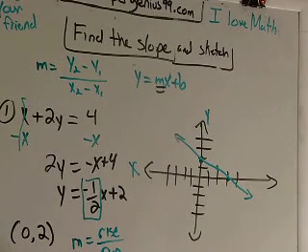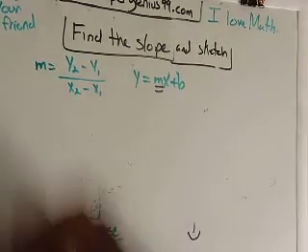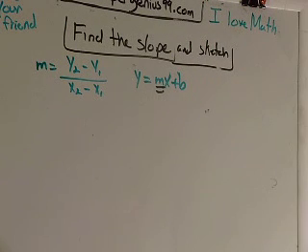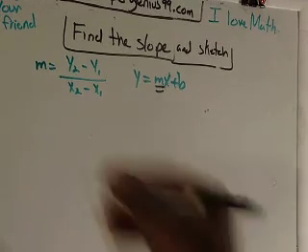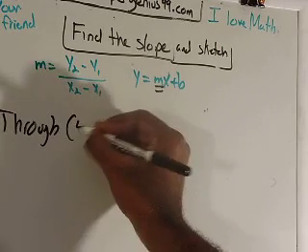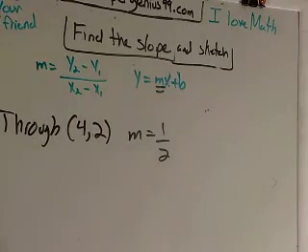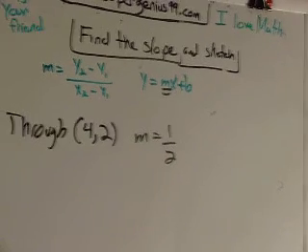Okay, let's try another one. Let's say if they set us up like this: through 4, 2 and the slope is 1/2. So through 4, 2, slope is 1/2.